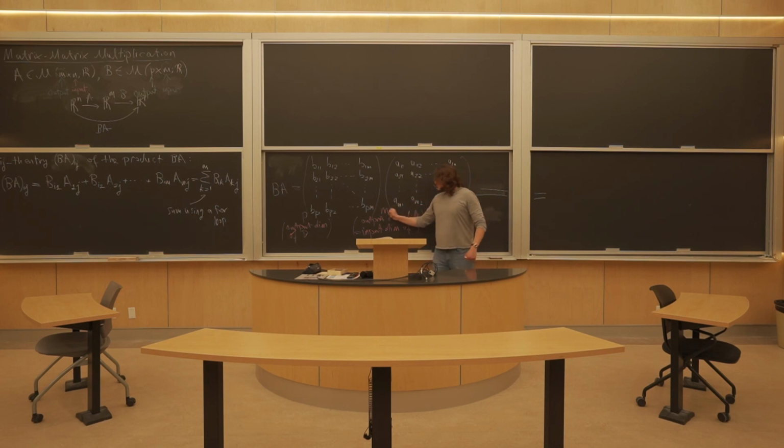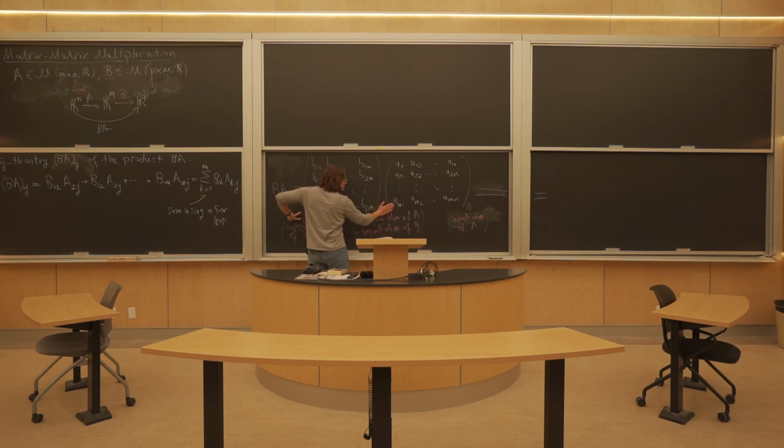And for the output, you put it to this side. The point is that in order for BA to be defined, the input dimension, which I would again write here, has to match the output dimension here. So you should be able to see the same number here. If you can, this multiplication is defined, and it's going to give you a p times n matrix.